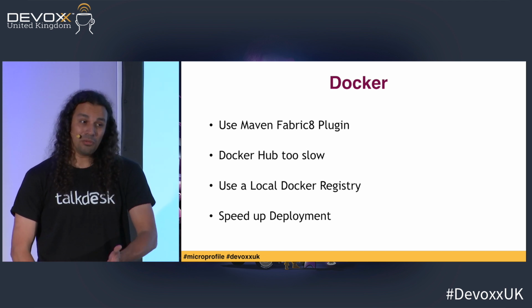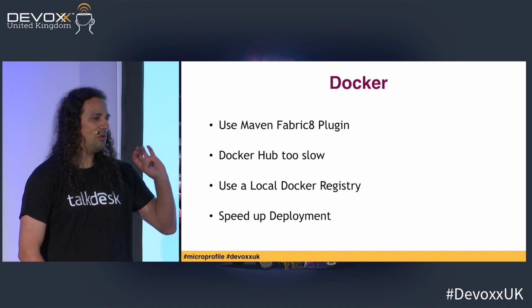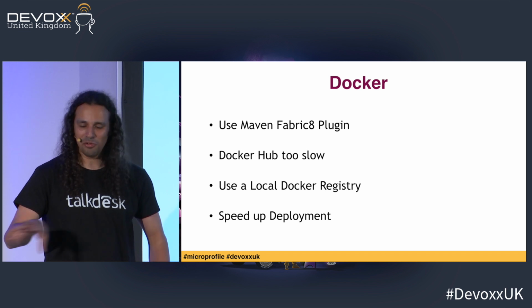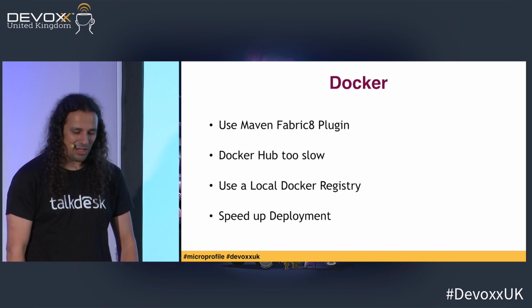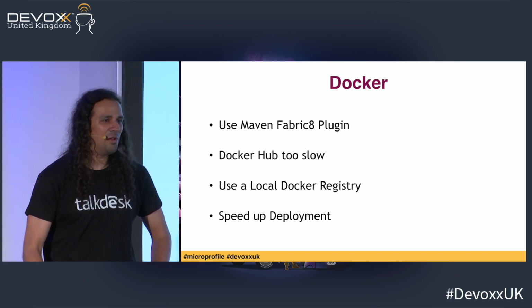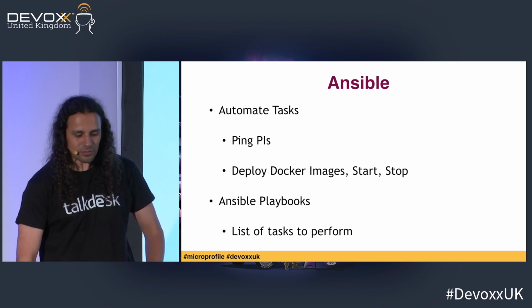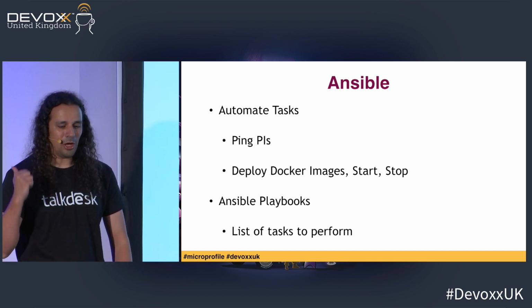We're running a local Docker registry in our local boxes. We push the Docker images there, and when we want to push them to the Pis, we just read them directly from our local Docker registry. So it will speed up deployment, and if we don't have internet or Wi-Fi, then at least it will still work, which is great.